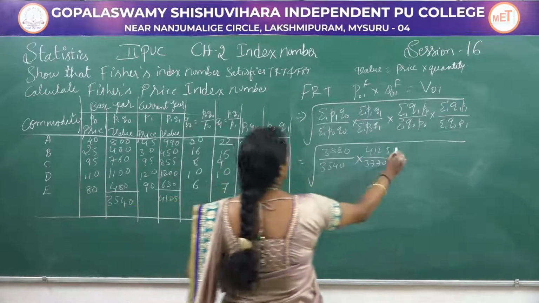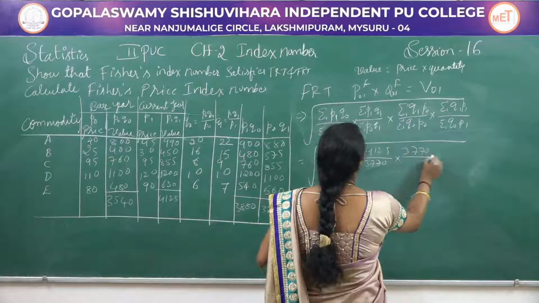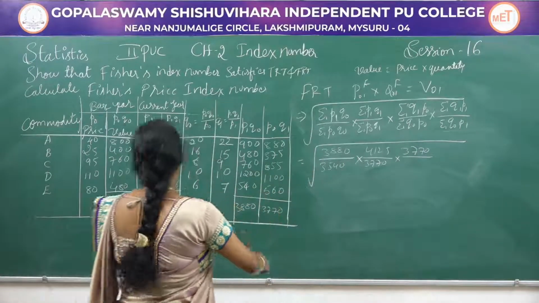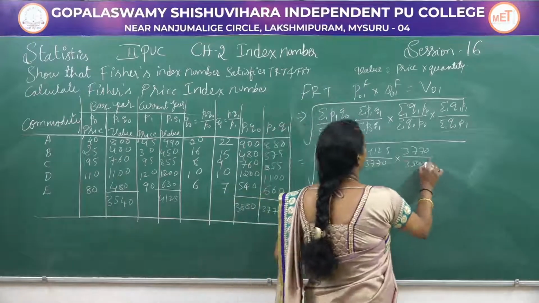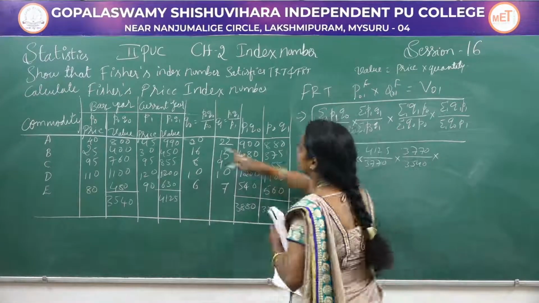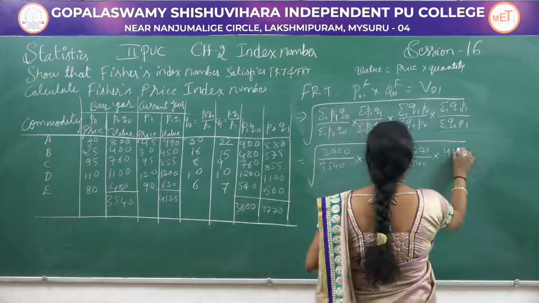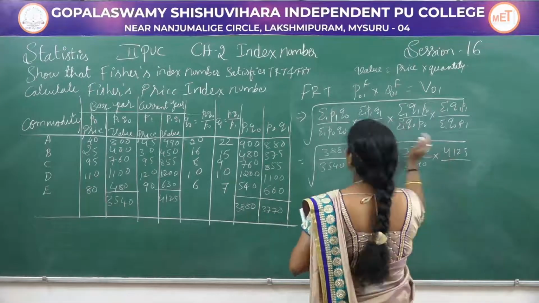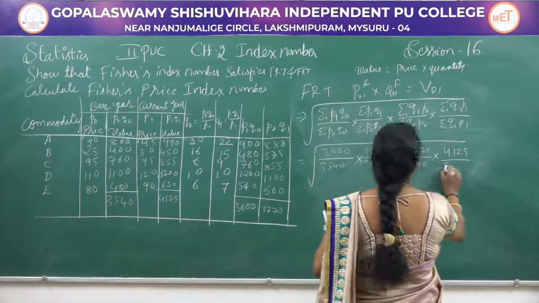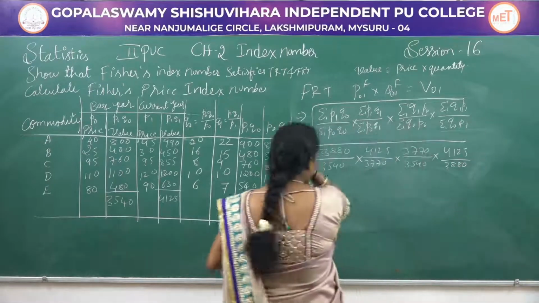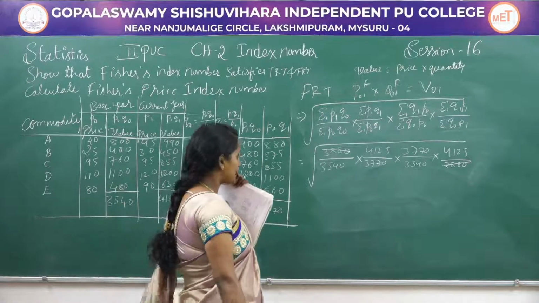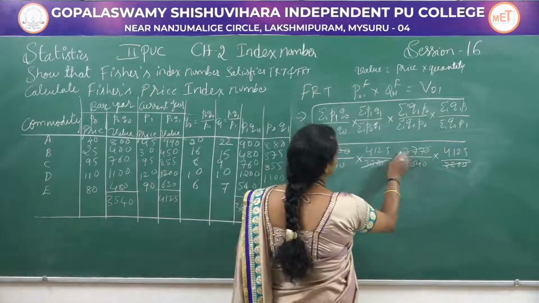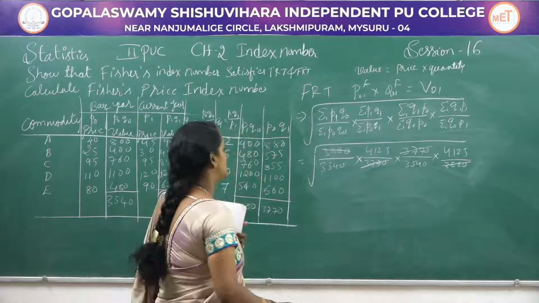Q1 P0, it is 3770 divided by Q0 P0. Q0 P0 is same as P0 Q0, it is 3540, into Q1 P1. P1 Q1, it is 4125 divided by Q0 P1. Q0 P1, it is 3880. Here 3880, 3880 will get cancelled. Next 3770, 3770 will get cancelled.